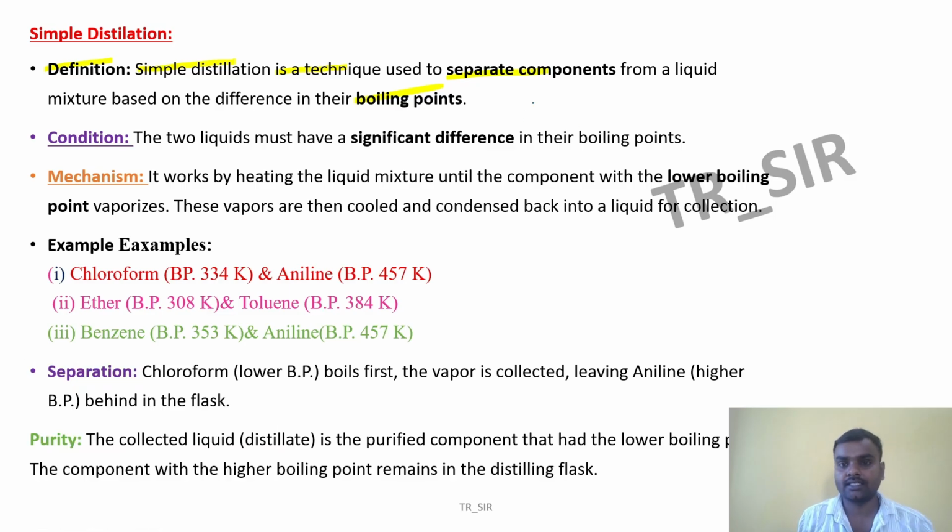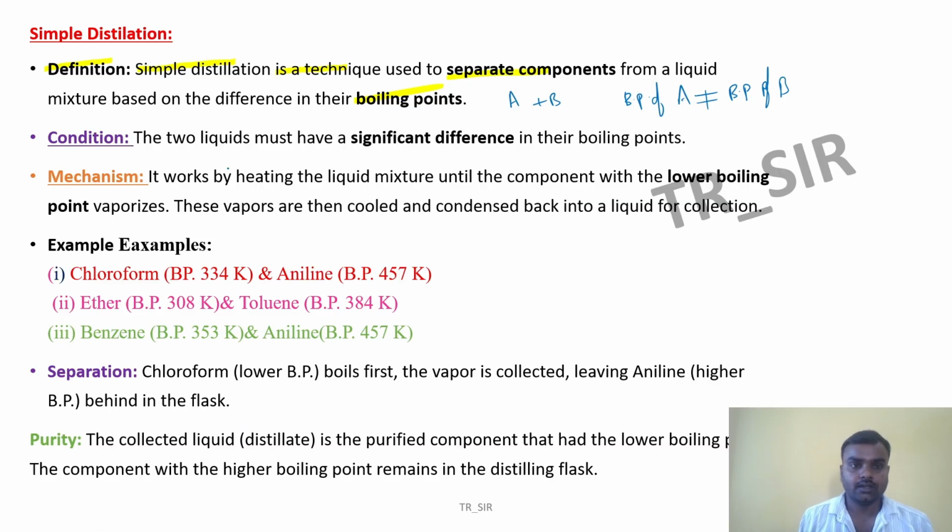Let me take A as one liquid and B as another liquid. The boiling point of A is not equal to the boiling point of B. This is the condition.